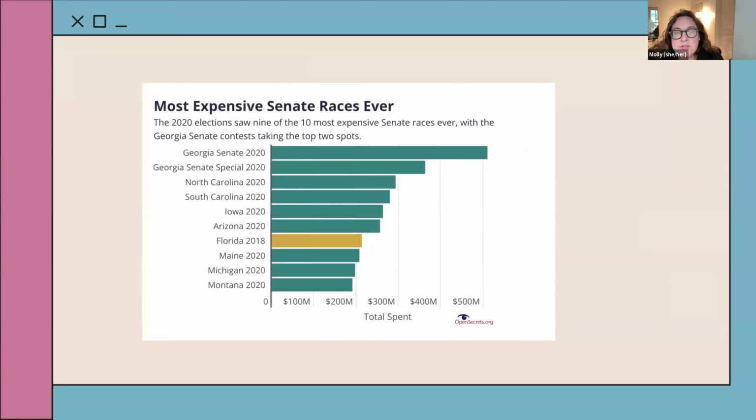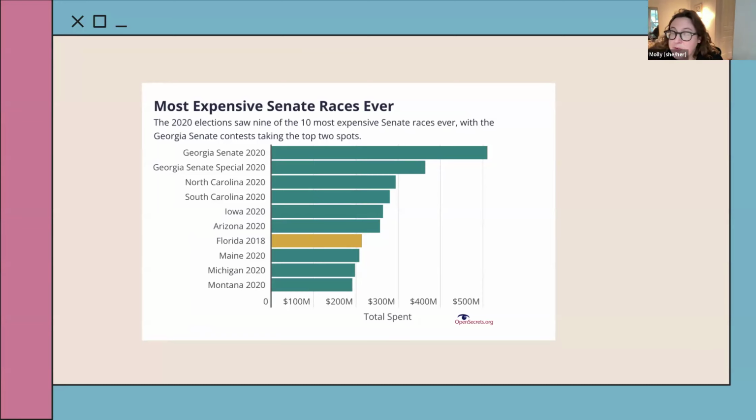And we're also seeing massive amounts of corporate money, billionaire money, think tank money, dark money being spent at every level of our political system. So not just at federal races, not just at state Senate races, but statewide legislatures, even down to school board races, local city council races.